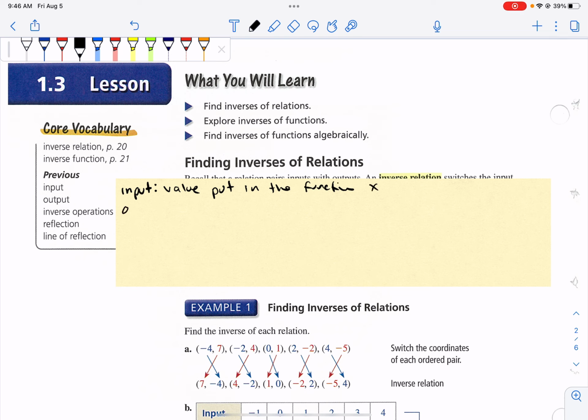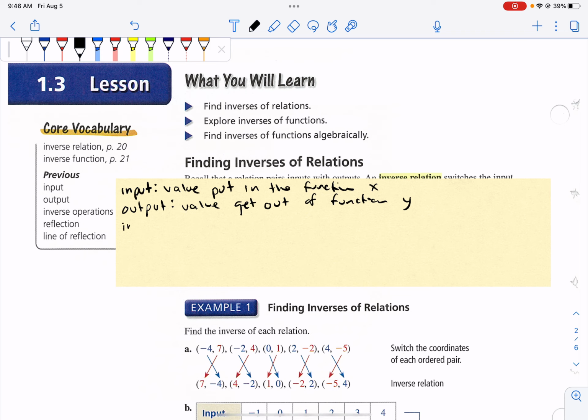The output is the value that you get after you plug in X and multiply and subtract and square and divide and do all the math, okay? The output is the value that you get out of the function. And it's usually a Y value until today. Well, it's still a Y value today, but we're going to play with those X and Y's a little bit.